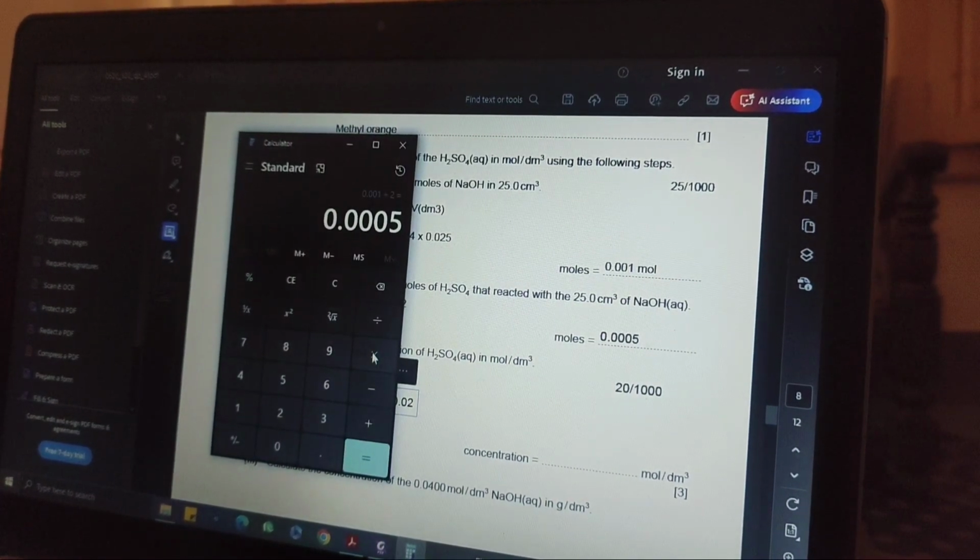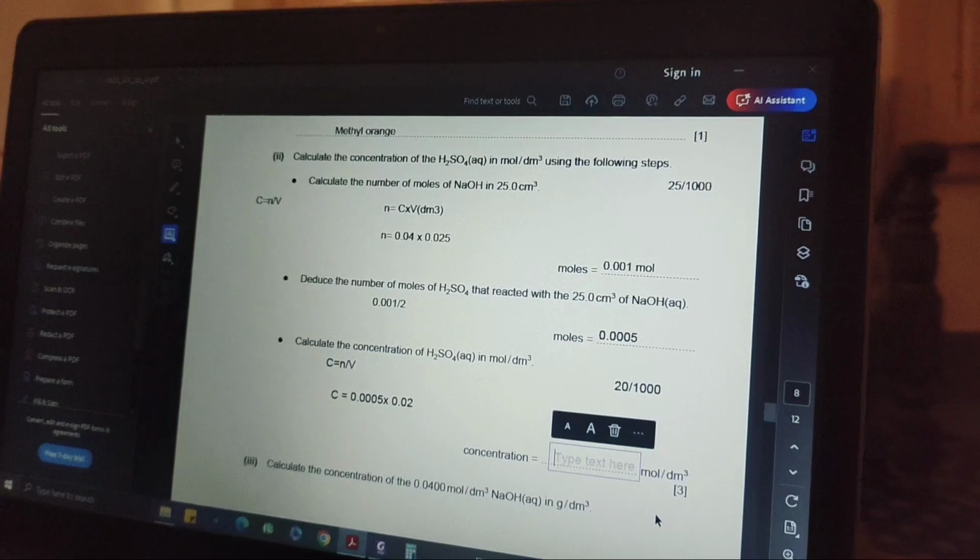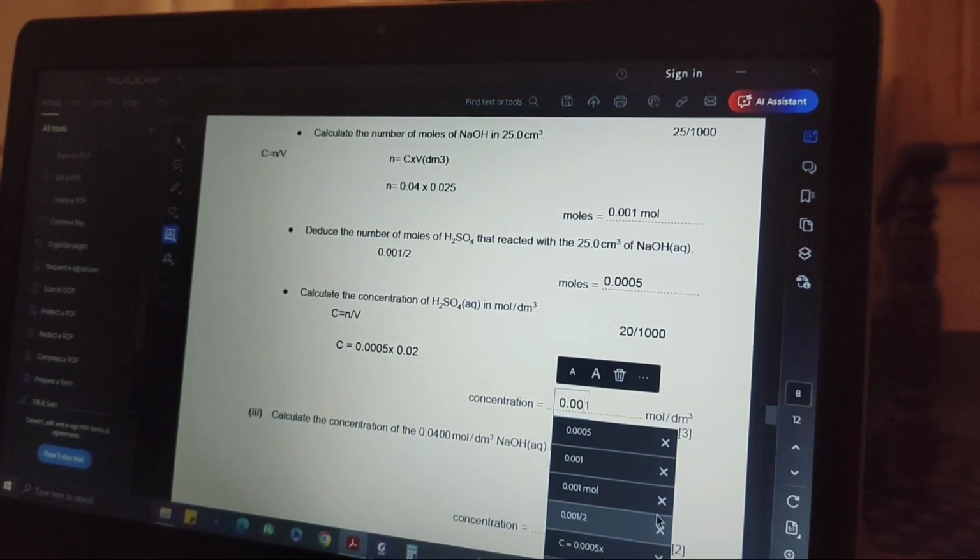So 0.0005 divided by 0.02 becomes 0.025 moles per decimeter cube.